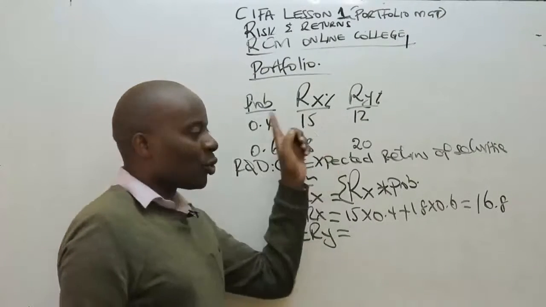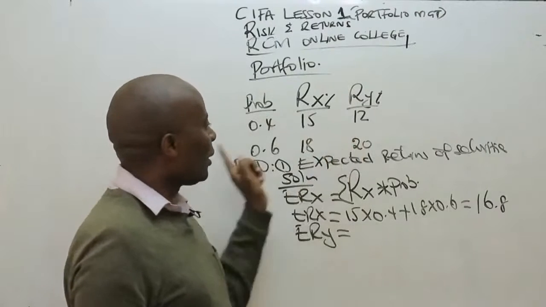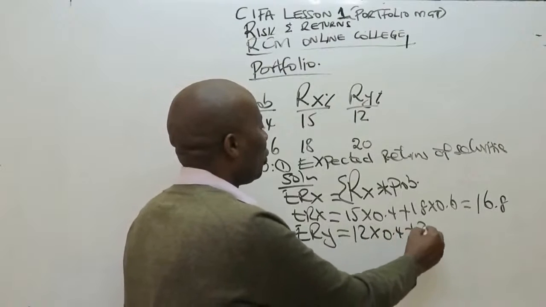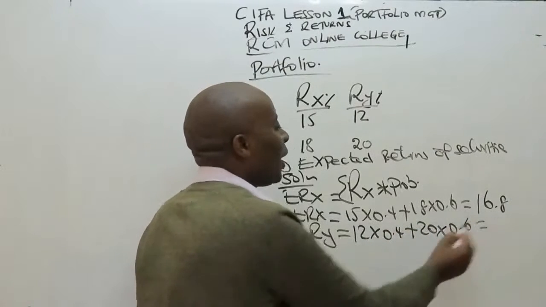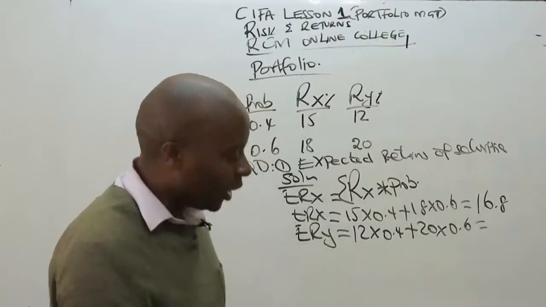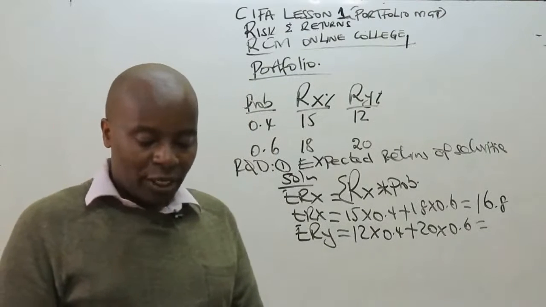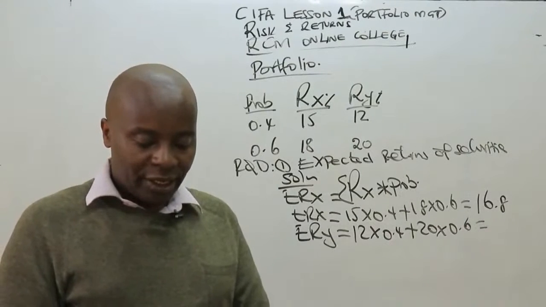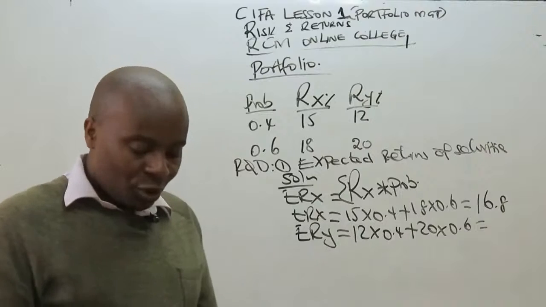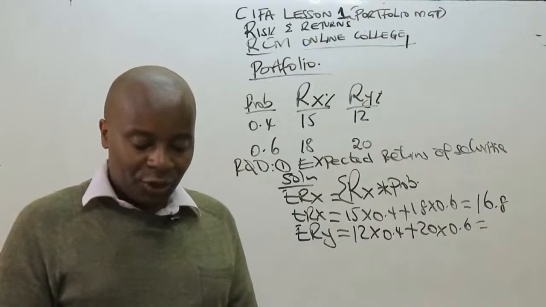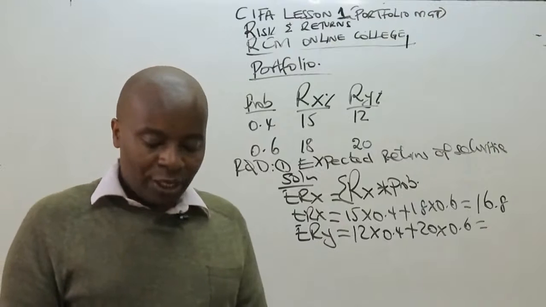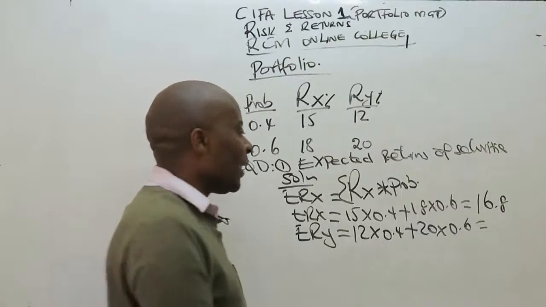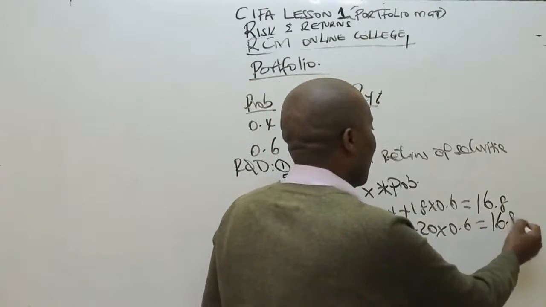On the same breath, could you kindly give me the expected returns of Y? What we need to do is to take the actual returns of Y times the corresponding probabilities. So we have 12 times 0.4 plus 20 times 0.6, which gives me 16.8 as well.